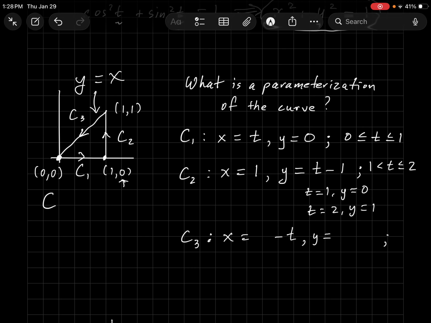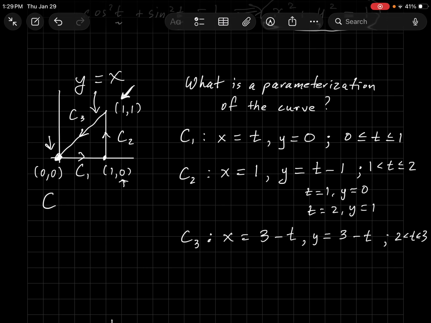Let's keep our time in order, so let's say from 2 to 3. At t equals 2, x should be 1. What if I did 3 minus t? Certainly that works for this point. How about at t equals 3? Does x equal what I want? Yes, it does, because I'm back at the origin. And then y is 3 minus t.